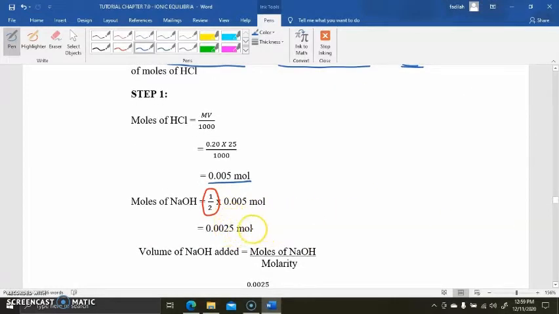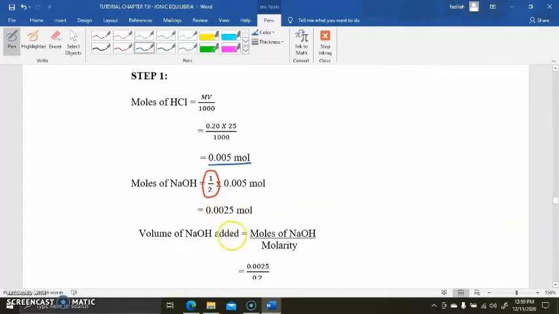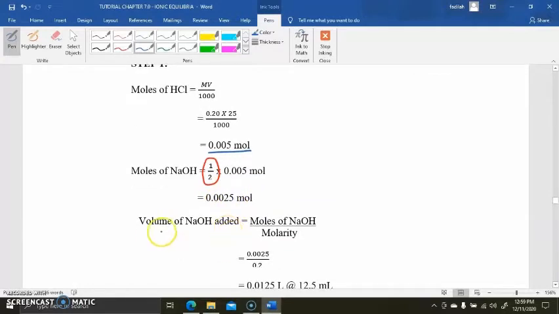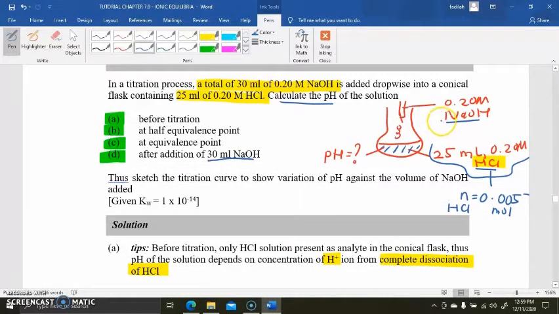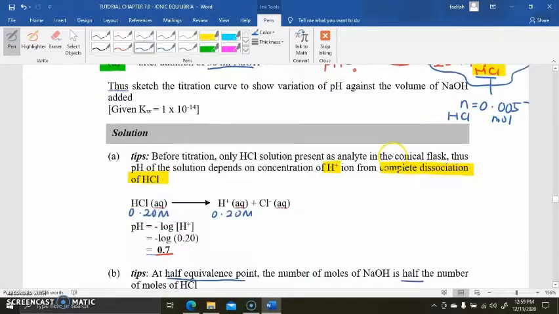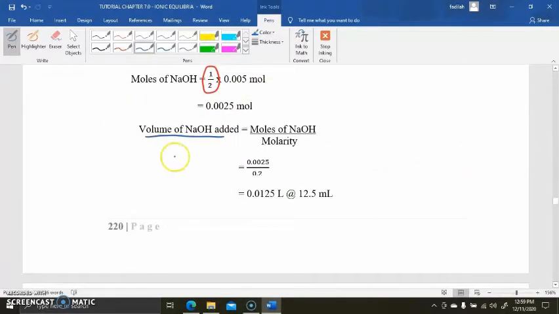Seterusnya kita nak cari how many volume. Berapa volume of NaOH yang you guys add untuk achieve half equivalence point tadi? Kita tahu concentration NaOH adalah 0.20. Nak cari volume, kita akan adjust from equation of molarity: number of mole of NaOH divide with molarity of NaOH 0.20 molar.